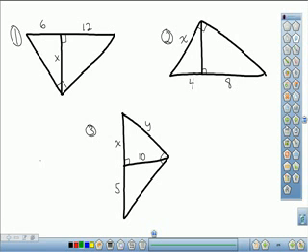Can you do these in 5 minutes? If you want to work with somebody, compare answers with somebody, feel absolutely free to do so.